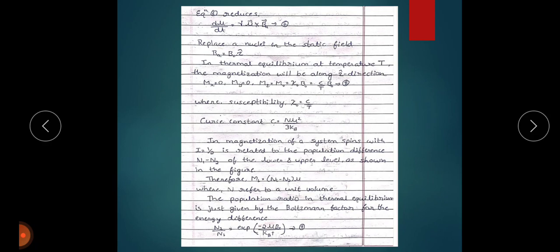The Boltzmann factor can be expressed as N2 divided by N1, which is equal to exponential of minus 2 mu B0 divided by kB T. That is taken as equation number 9, where B0 is the static field, mu is the magnetic moment, kB is the Boltzmann constant, and T is the temperature, corresponding to the thermal equilibrium value.